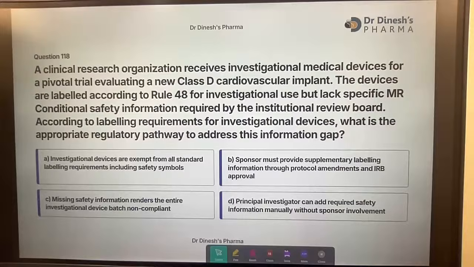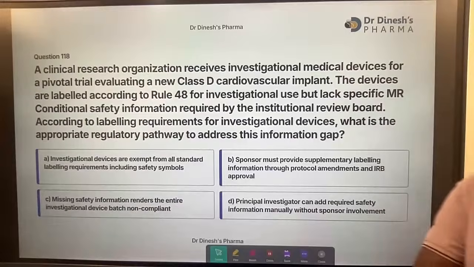Option A, investigational devices are exempt from all standard labeling requirements, including safety symbols. Option B, sponsor must provide supplementary labeling information through protocol amendments and IRB approval. Third option, missing safety information renders the entire investigational device batch non-compliant. Last option, principal investigator can add required safety information manually without sponsor involvement.